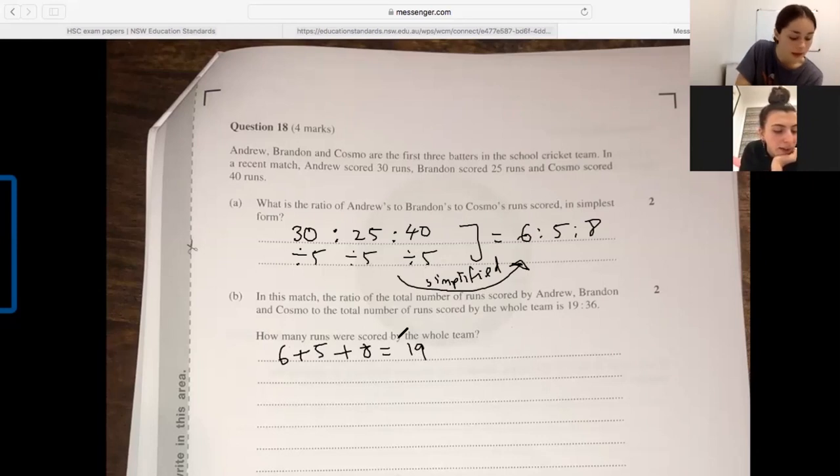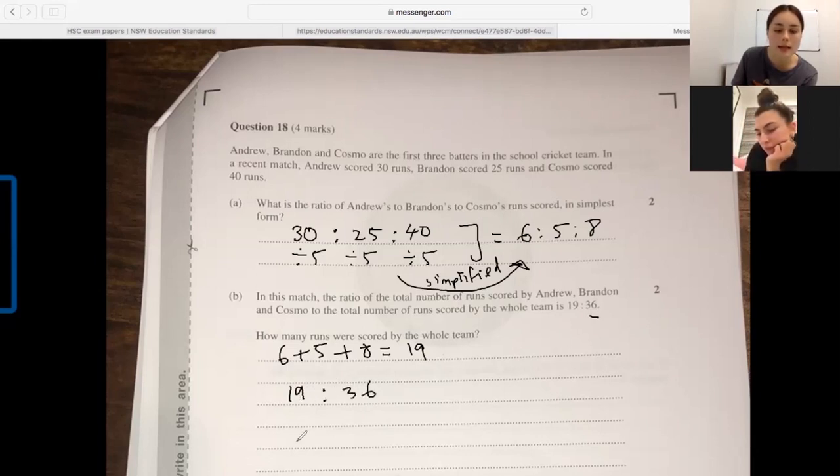That gives you a hint that this simplified 19 is the simplified version of Andrew, Brandon, and Cosmo's runs. And the 36 is the simplified version of the whole team's runs. So 19 and 36.